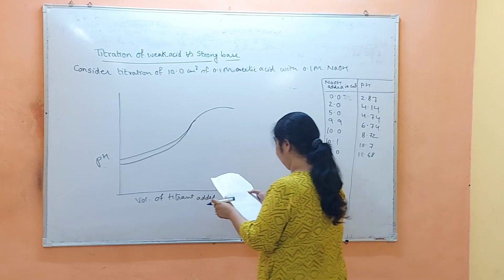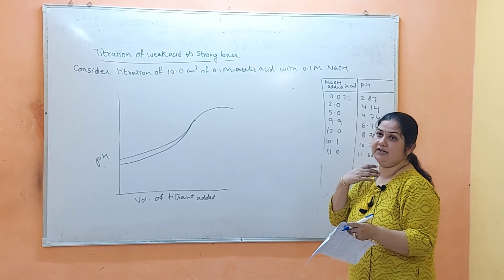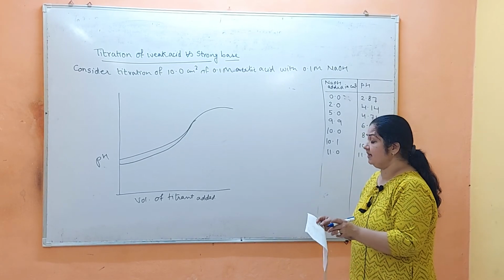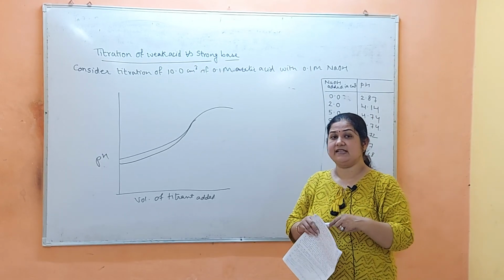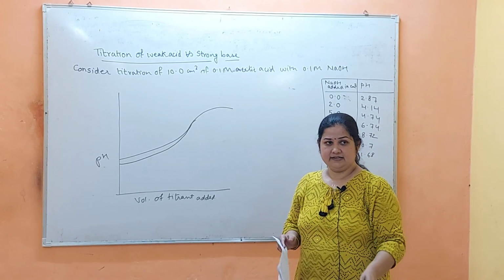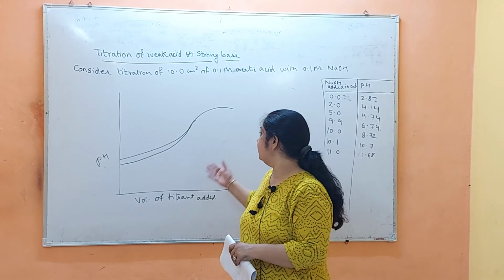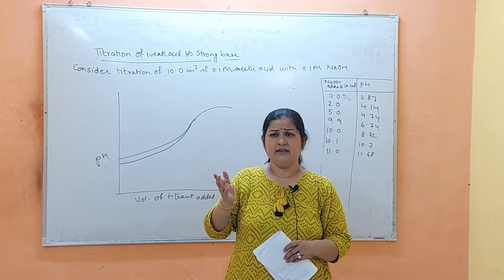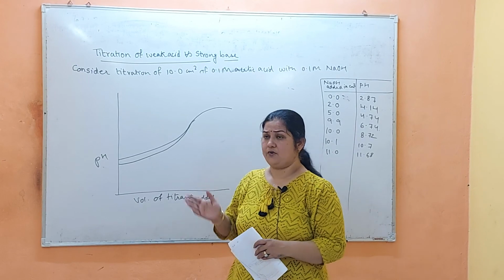The equivalence point here is near, you can say pH is 8.7, hence we need to use an indicator in basic range. So phenolphthalein or thymol blue can be used as an indicator in this titration, and so these are the indicators which could be used, and this ends the titration of weak acid versus strong base.